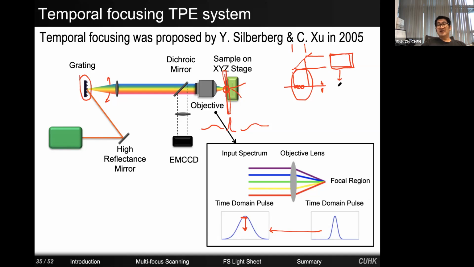And in comparison to a point scanning system, which is just a video rate, is roughly 1 to 2 orders of magnitude enhancement. But if you use a light sheet to perform fabrication, you can do it much faster because photopolymerization can be done in a faster time scale.